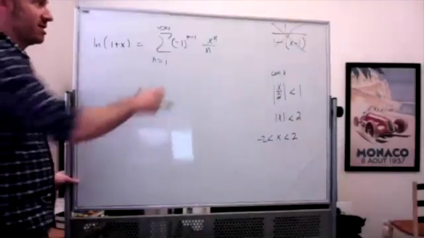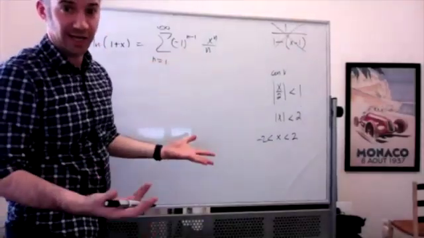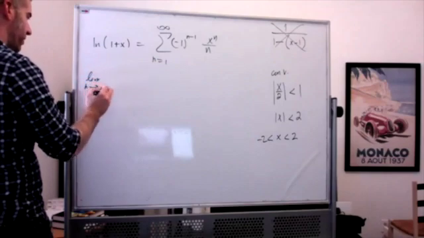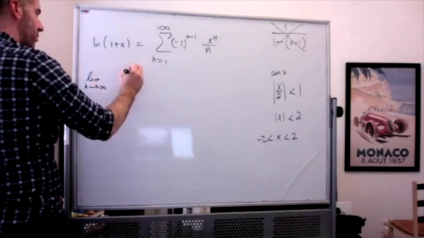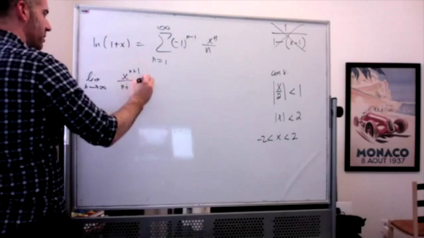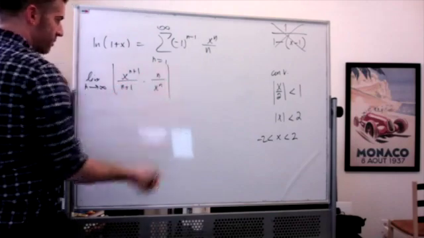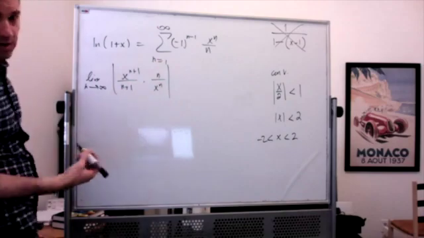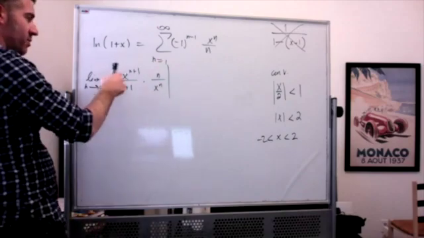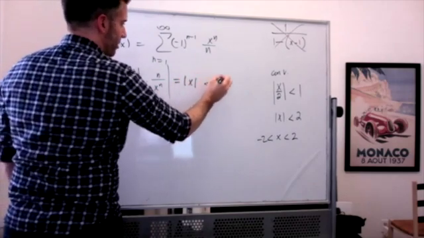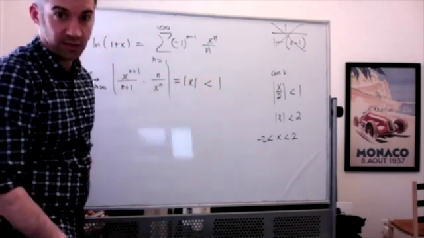I'm going to show you that it's the same for this one by using the ratio test. The limit as n goes to infinity of x to the n plus 1 over n plus 1 times n over x to the n. The limit of n over n plus 1 is just 1, and x to the n plus 1 over x to the n is just x. So this is equal to the absolute value of x. We want that to be less than 1 for convergence.